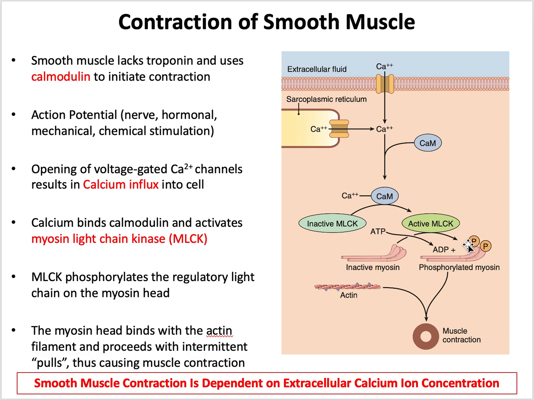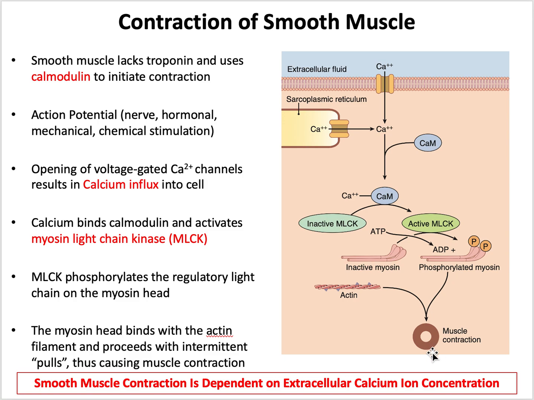In the name, myosin light chain kinase, this is an enzyme that will phosphorylate the regulatory chains of myosin, and once these myosin heads are phosphorylated, now we can get cross-bridge cycling happening, and it can interact with actin, and we can get muscle contraction.